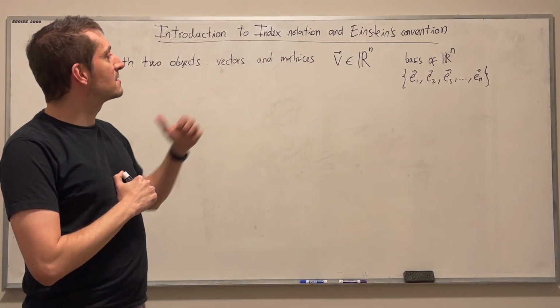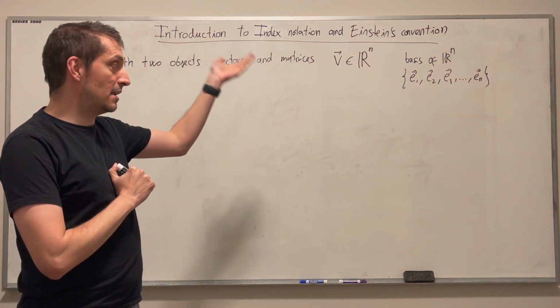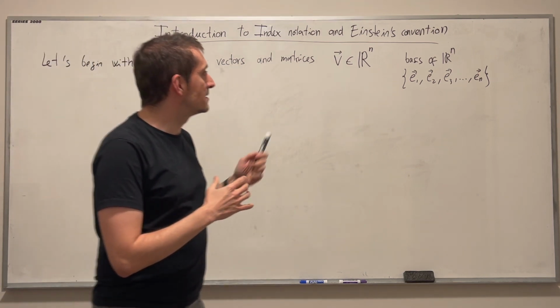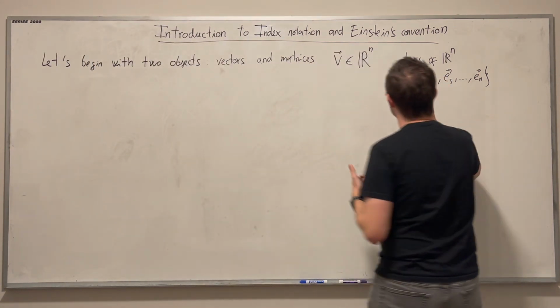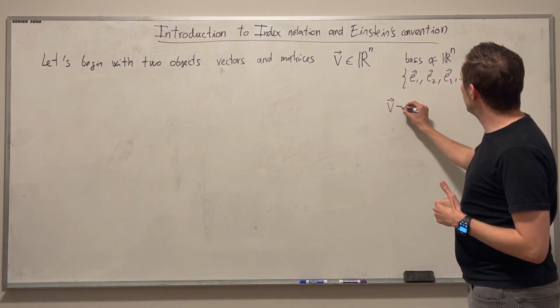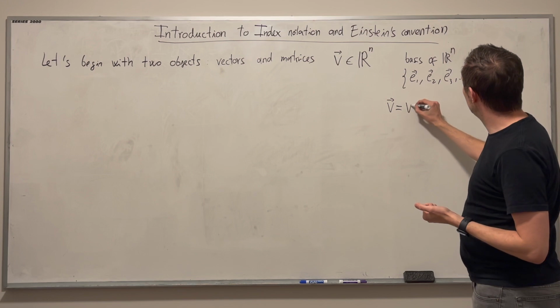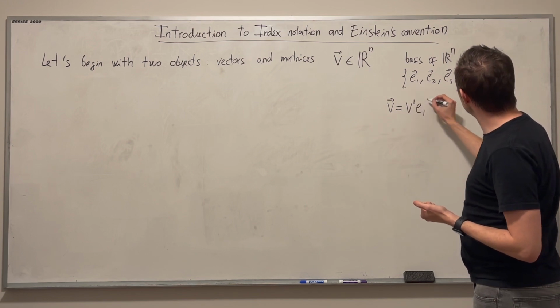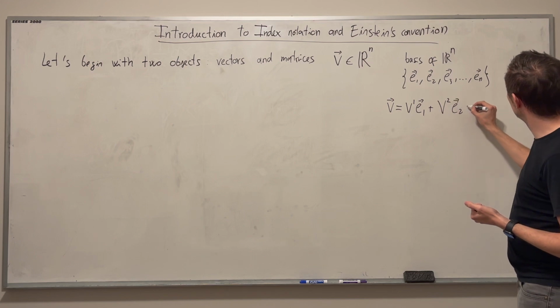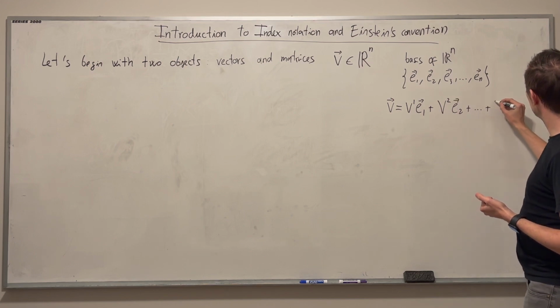So if I have a basis of R^n with n elements in this case, I can represent the vector as the collection of components, right? I can say, all right, this vector v is equal, of course, to the sum v1 e1 plus v2 e2 plus all the way to vn en.